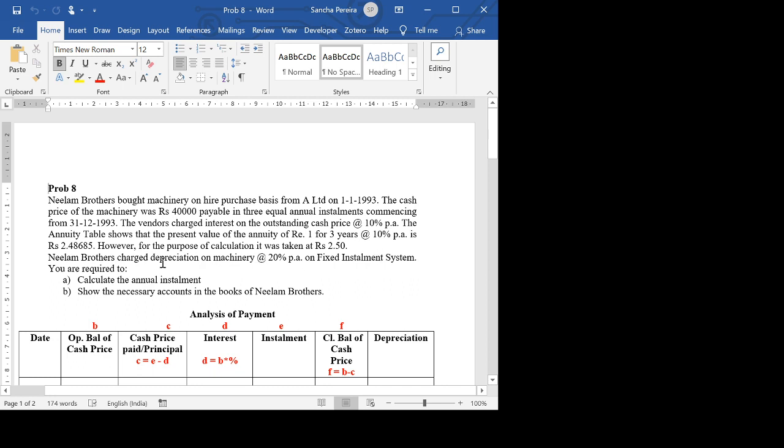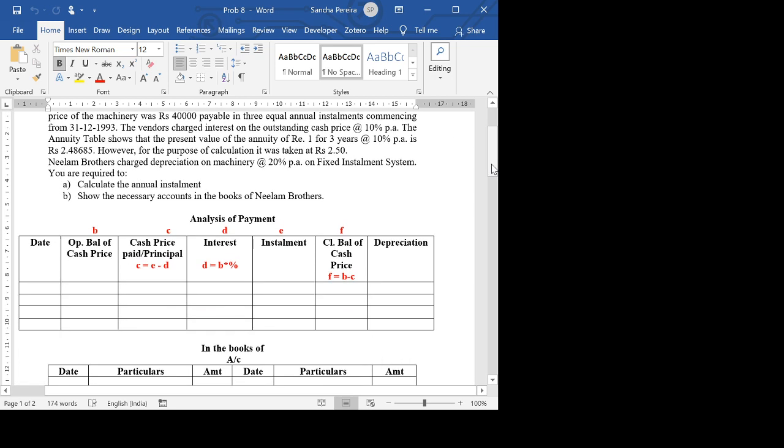Neelam Brothers charge depreciation on machinery at 20% per annum on fixed installment system. You are required to calculate the annual installment and show the necessary accounts in the books of Neelam Brothers. Now we have the cash price, 40,000.